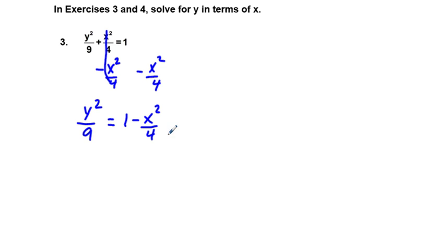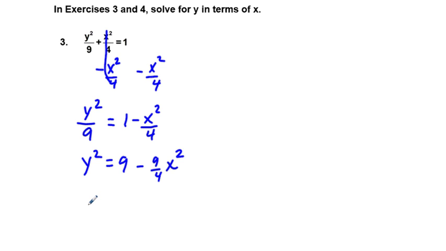And if we cross multiply the 9, we're going to have y squared is equal to 9 minus 9/4 x squared. And what we're going to do for this one is we're going to factor out 9/4 from each of these terms, and it's going to be, I hope, apparent why that's the case.